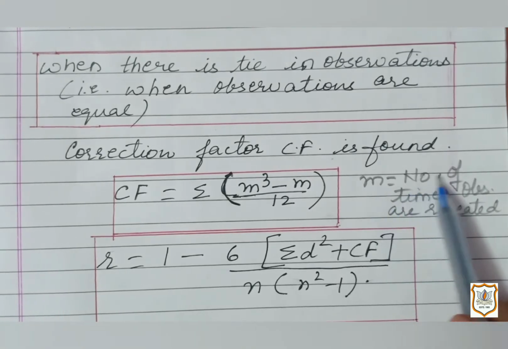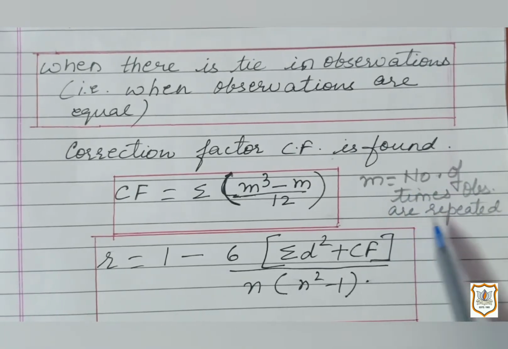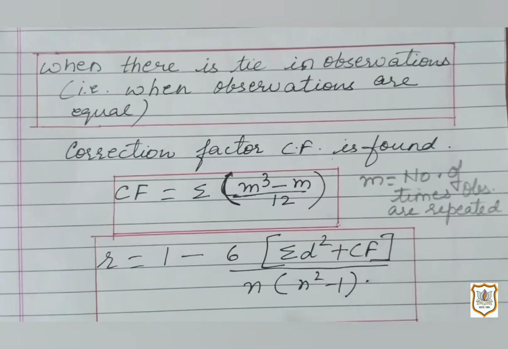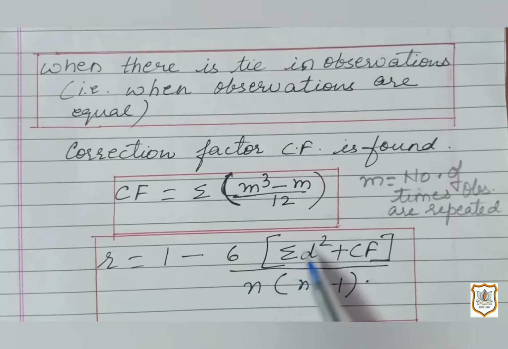So m is the number of times the observations are repeated. After finding CF, the formula for correlation coefficient will be R is equal to 1 minus 6 into sigma d square plus CF upon n into n square minus 1. Now let us do the sums based on this.